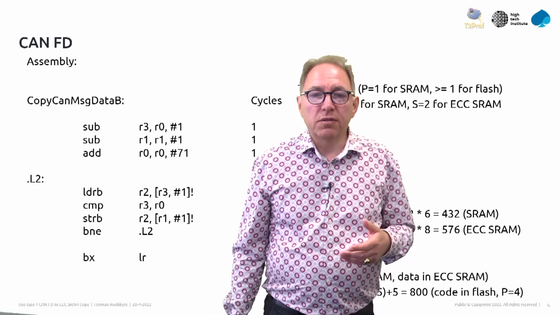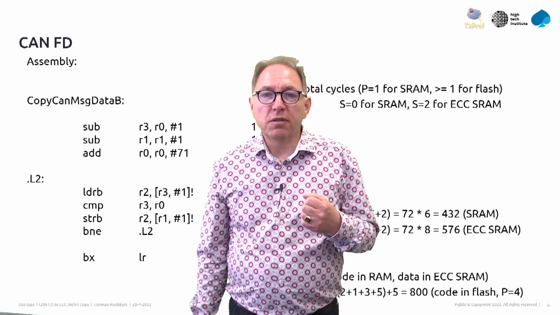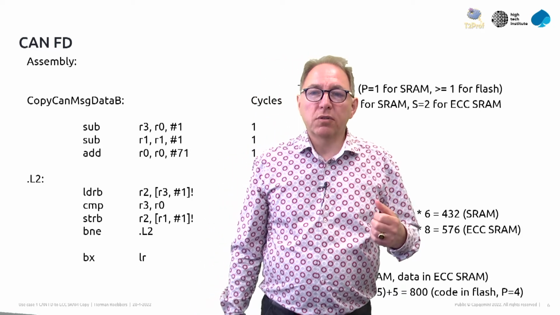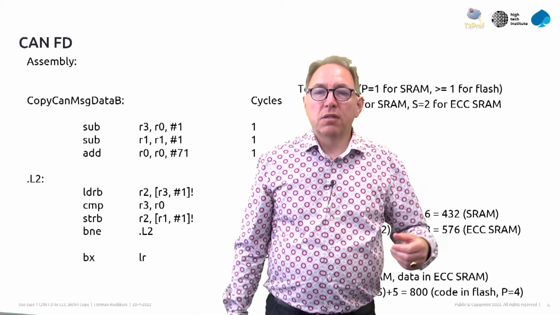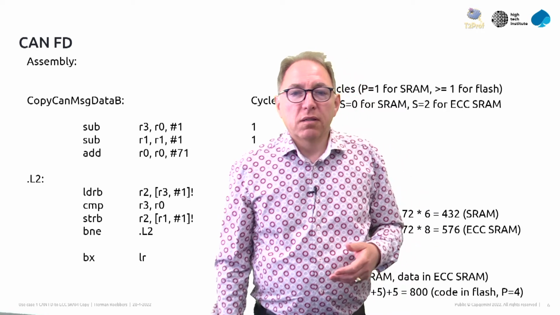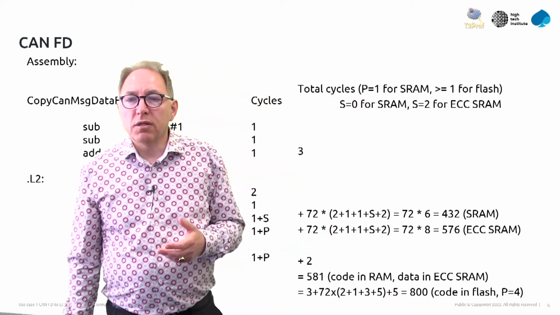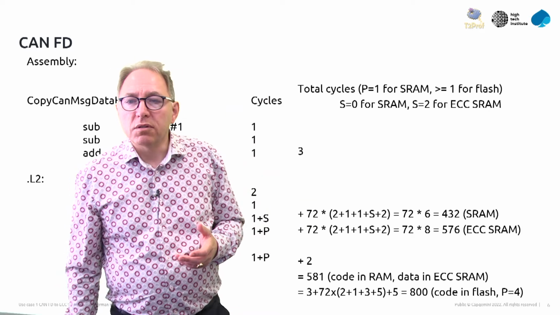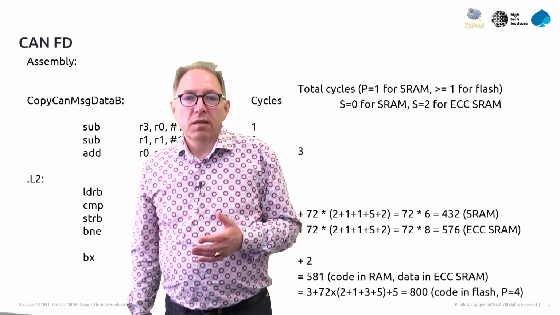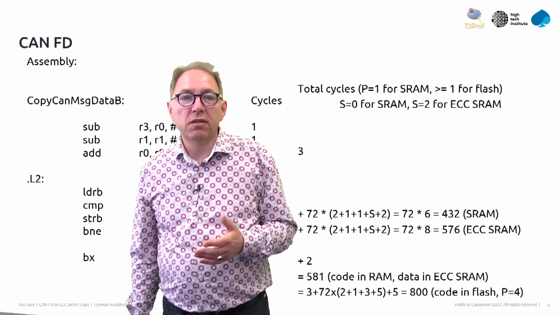We add these up, and we also take into account memory wait states, which means that the flash is not as fast as the processor, so it has to wait a little between accesses, and that is in the formula. For the simple version we end up with some 600 to 800 cycles, and that's not what we expected.